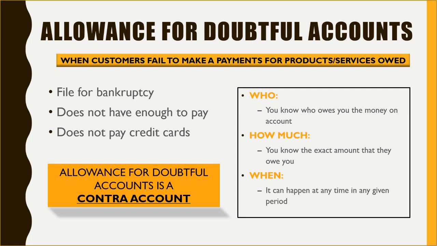So in this case, we must use the allowance for doubtful accounts account. It can be seen as many different accounts. It could be allowances for bad debt or just bad debt allowances. It could be known as anything else, but for this class, I use allowance for doubtful accounts.